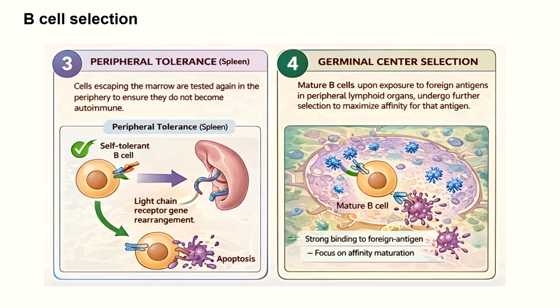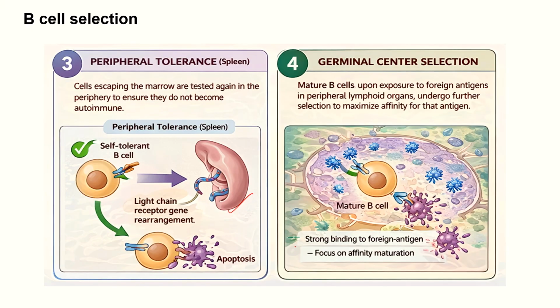And then it comes to peripheral tolerance, which is the tolerance at the level of selection that happens at the tissue level. Once the cells have escaped from the bone marrow, suppose no apoptosis happened to the cell in the bone marrow, the second line of control is at the level of tissue. For example, the tissue here is the spleen. There could be a rearrangement of the light chain, receptor editing and so on, which can lead to apoptosis of the cells reacting to the self-antigen.